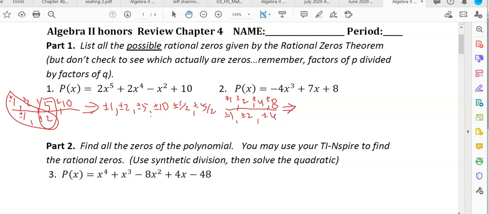Start with the integers all over 1, so plus or minus 1, plus or minus 2, plus or minus 4, plus or minus 8. All these over 2, so 8 over 2 is covered, that's 4. 4 over 2 is covered, that's 2. 2 over 2 is covered, that's 1, but we have 1 over 2.